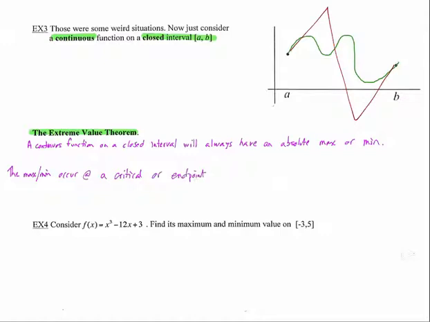Again, this right here is, oops, that didn't work. I missed. Let's try this. That is the critical part of the extreme value theorem, is that the maximum or minimum is going to occur somewhere within the interval or at the endpoints.